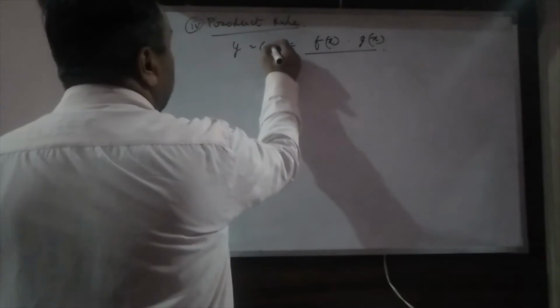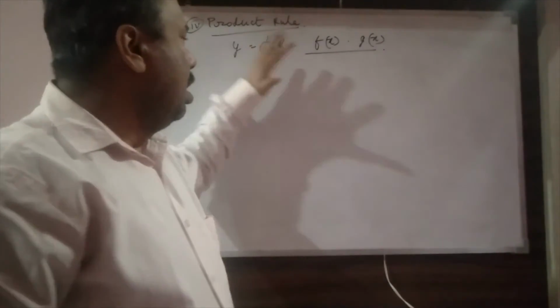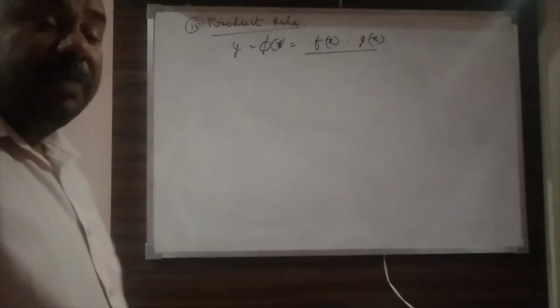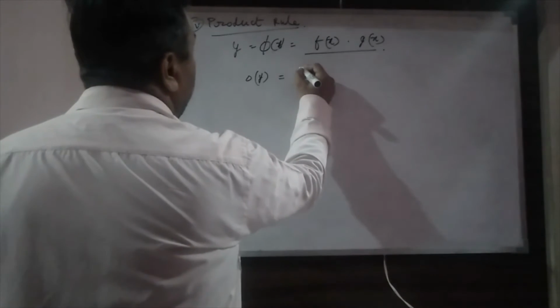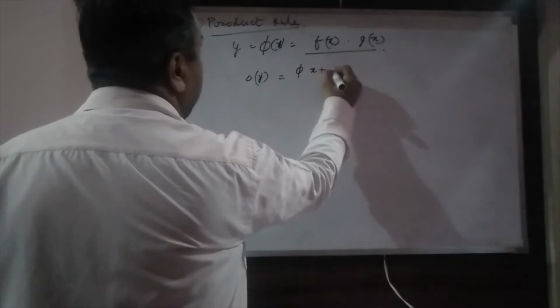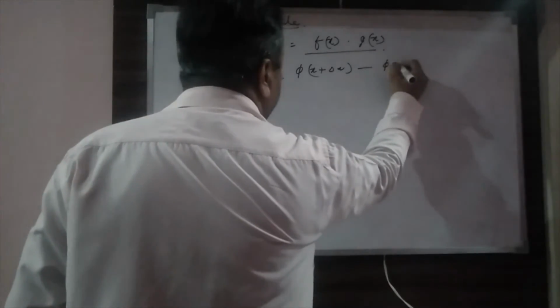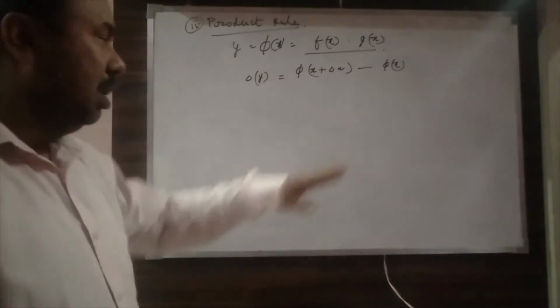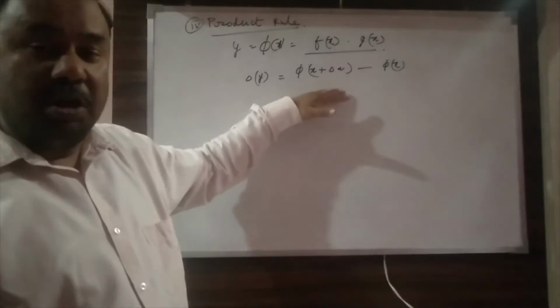Okay, so again what I will take is y = f(x)g(x). The first step is like this. Now going by first principles, my Δy will be f(x + Δx)g(x + Δx) − f(x)g(x). Till now, no problem. I have been doing this earlier also.